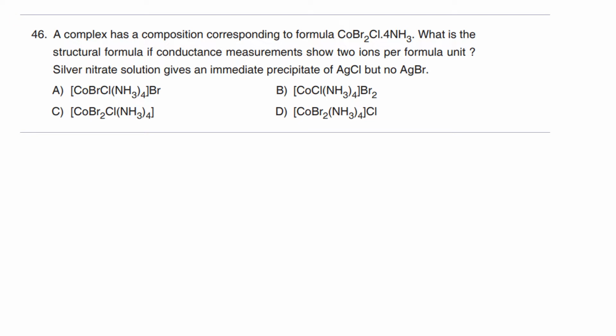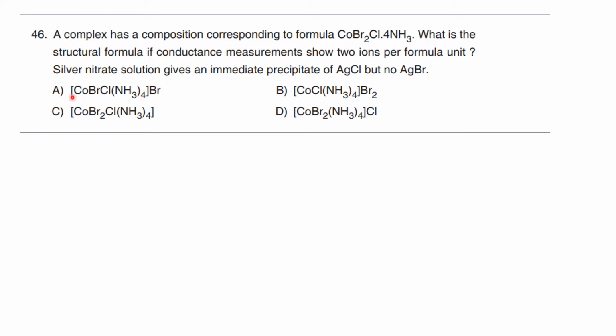In the question, it is given that when the conductivity measurement was carried out, it gives 2 ions. So when you consider the first option, this corresponds to a single ion having a plus 1 charge, and bromine having a minus 1 charge. So this satisfies the first condition, that it has got 2 ions per formula unit. But when it reacts with silver nitrate, the product that we get is silver bromide, because only the bromide ion is free.